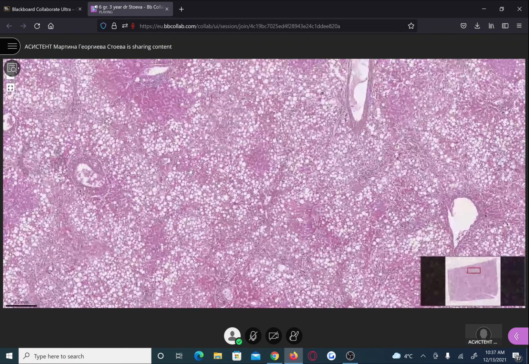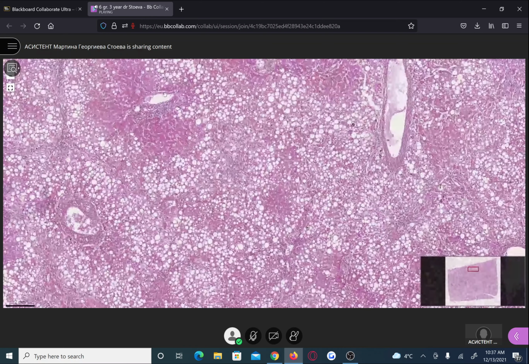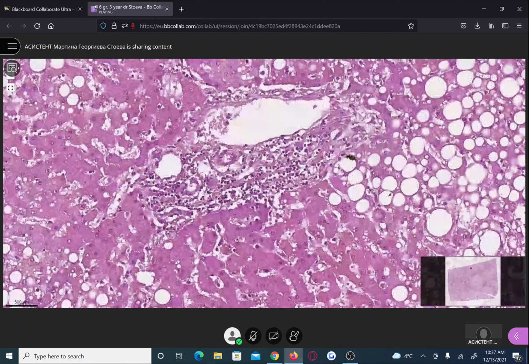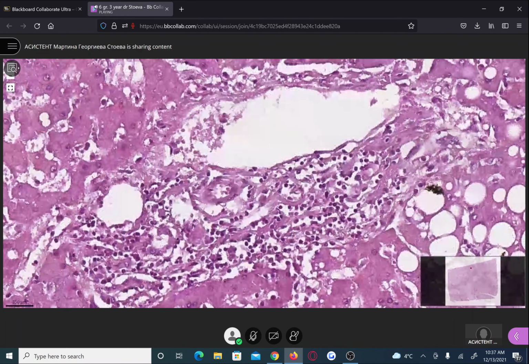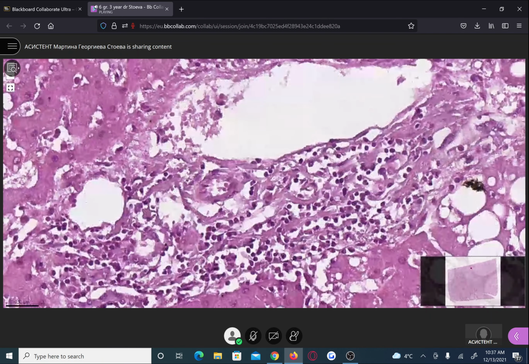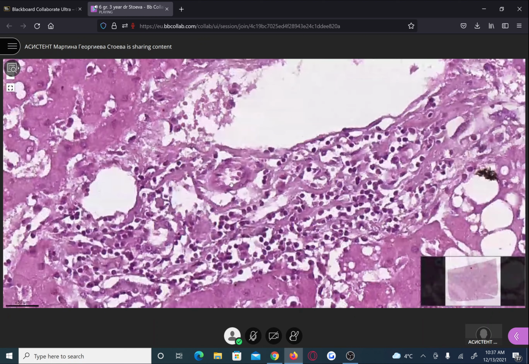Here again, we can find one. And when you zoom in on the portal triads, you can see the blood vessels. There is one venule, which is a branch of the portal vein, an artery, which is a branch of the hepatic artery, and also a bile duct.